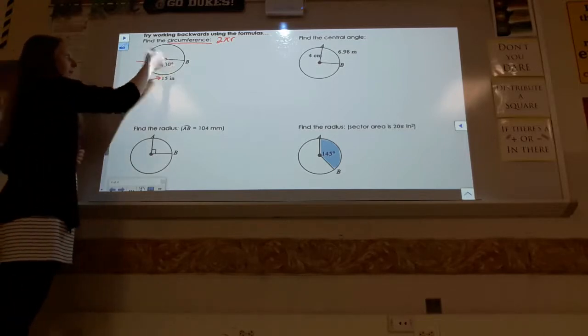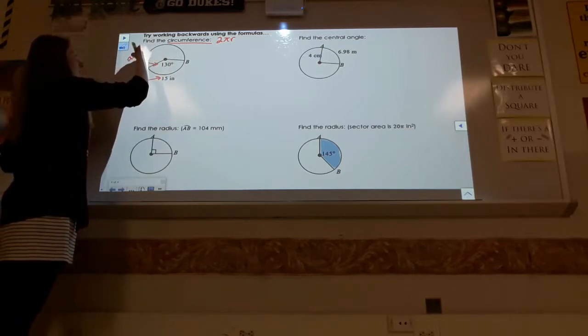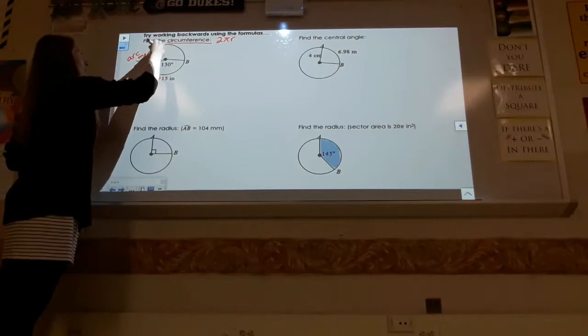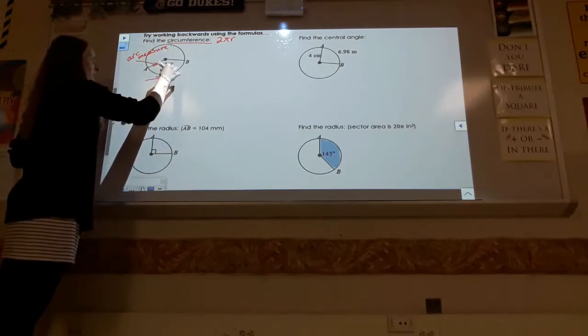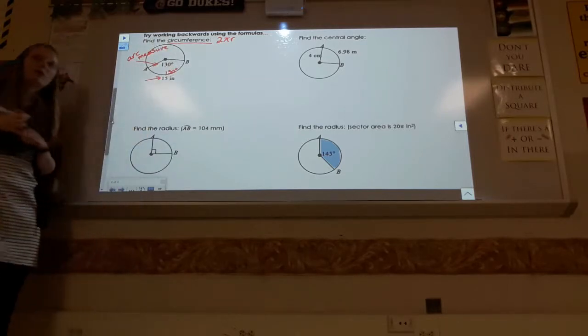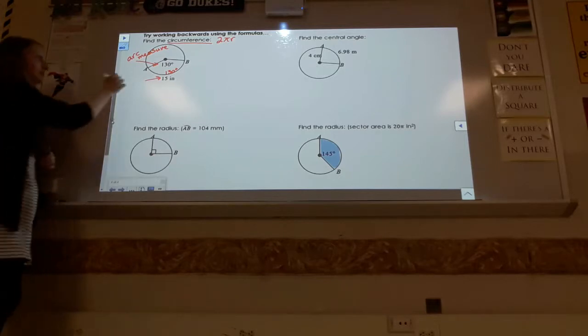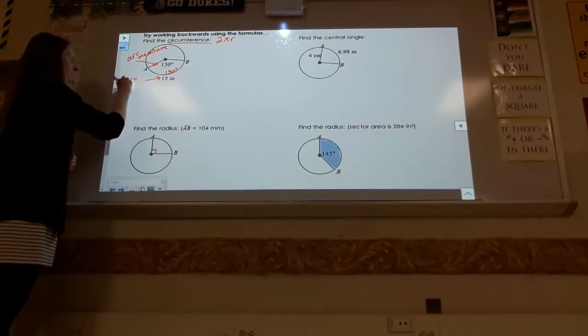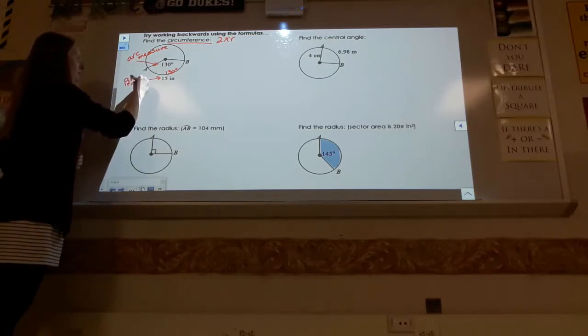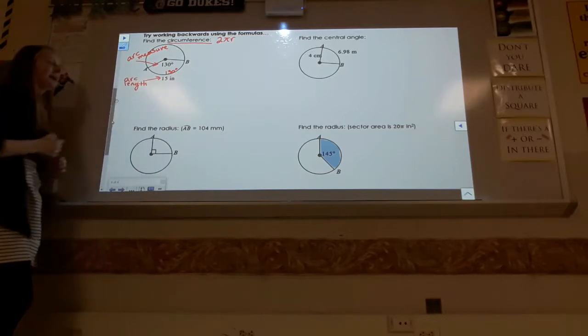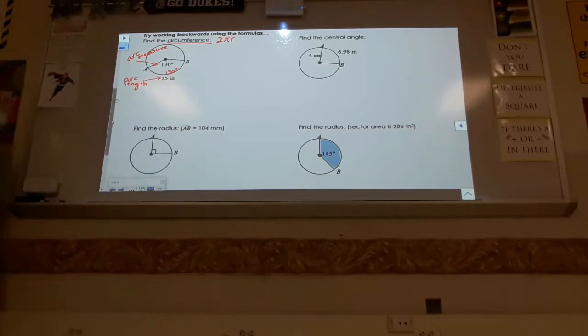Okay, that's technically the angle, but it does give me the arc measure. So I could also put it right here at 130 degrees. So I have the arc measure. What is the 15 inches? Arc length. Good. So I have both the arc length and the arc measure, and I need to find circumference.